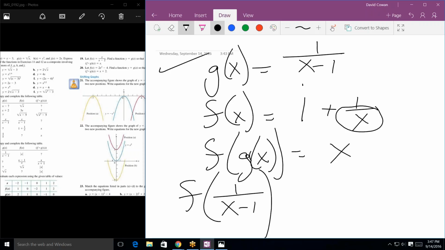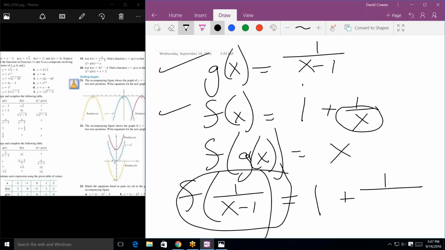Okay, now let's check. In other words, what is f of 1 over x minus 1? Well, go into the f function. So you have 1 plus 1 over x minus 1, like that. That's how you do it. Now simplify that.